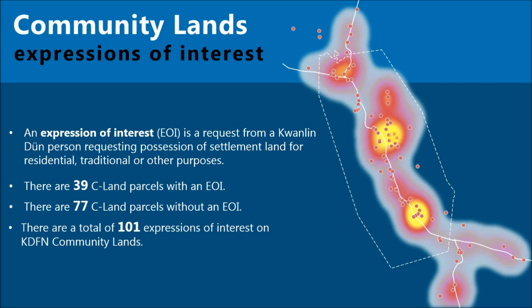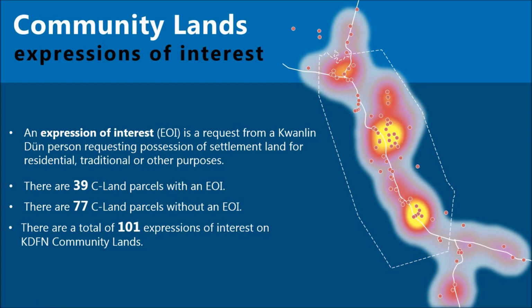So meaning that you'll have multiples of expressions of interest on some parcels. Again, when we look at this image, we can see that there are various hotspots in the city of Whitehorse that have these expressions of interest, but there are expressions of interest spread throughout the city and over the community lands that extend outside of the city limits as well.